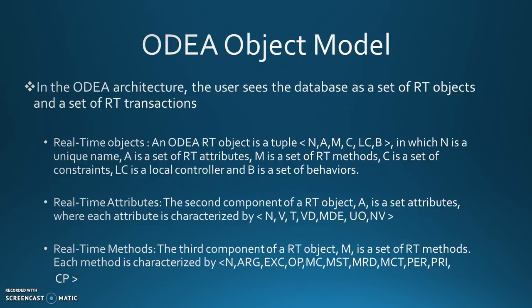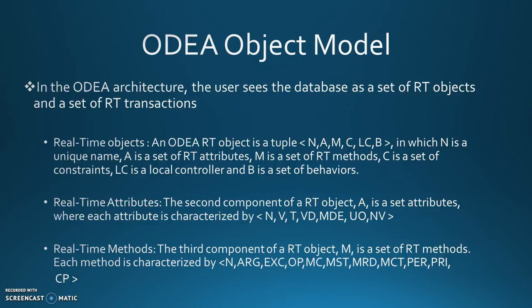An ODEA real-time object is a tuple, and it has, you can see here, N, A, M, C, L, B. In which N is a unique name, A is a set of RT attributes, M is a set of RT methods, C is a set of constraints, L is a local controller, and B is a set of behaviors. So these are the objects in ODEA architecture.